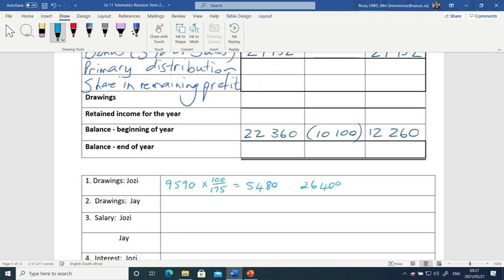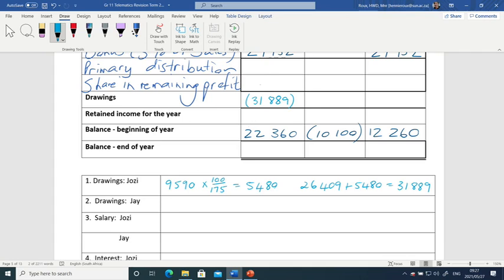That was on the pre-adjustment amounts. And now a further 5,480 of the stock that she took. So her drawings, 31,889. So drawings for Josie, 31,889.